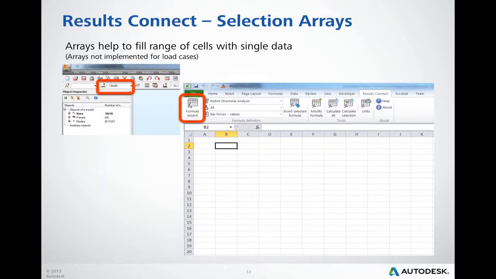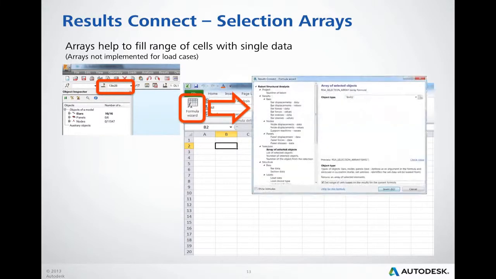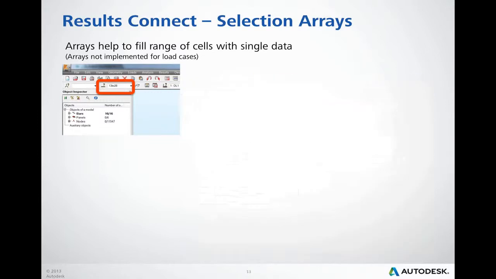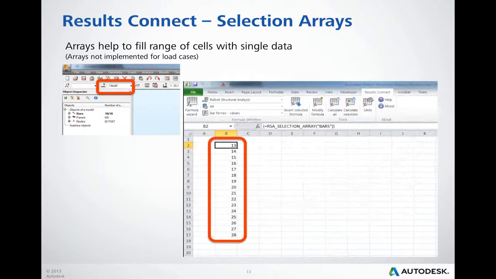After selection in Robot, we can use the formula wizard and then, for example, use arrays, select the type of object, and then activate the checkbox underneath and the insert button. Then the program will fill the whole selection in cells one by one below another. It will help us later on to use Results Connect.